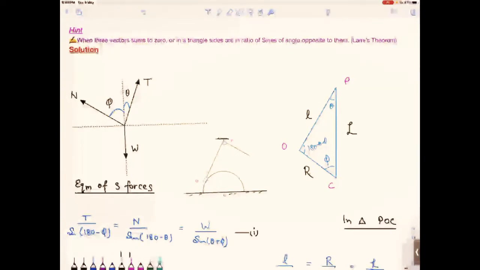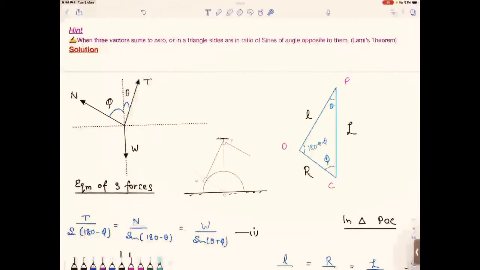There is the force exerted by the things which are in contact, and the force exerted by the objects which are not in contact. The forces exerted by things not in contact are called non-contact forces, and that will be the weight W given in the question. The object is in contact with this cylindrical surface, and here it will be normal, the perpendicular force, with no friction because the surface is smooth, and the tension like this.